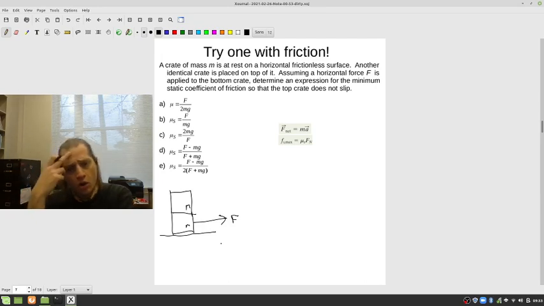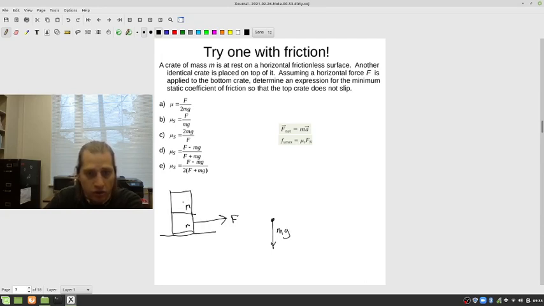Well, what I would do at this point is draw a free body diagram for the top block and for the bottom block. So, what are the forces acting on the bottom block? There's the force of gravity, so that's little m times g.